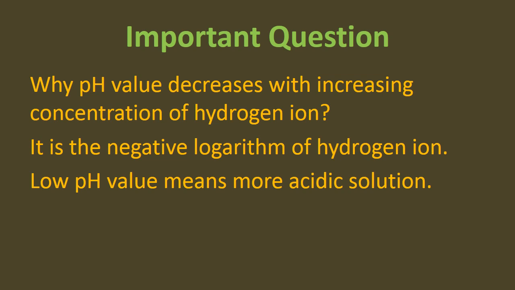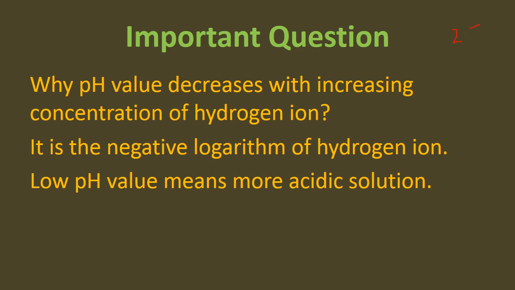Why does pH value decrease with increasing concentration of hydrogen ion? It's a very important question. For example, sulfuric acid, which is a strong acid, has pH value of 2.7.